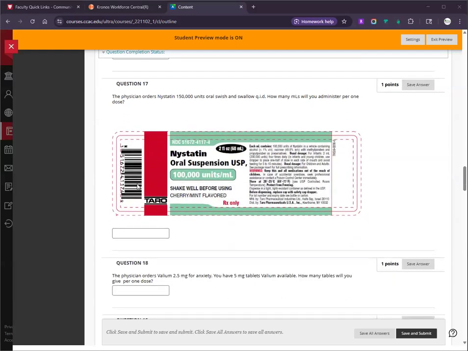All right, so here's another one that's just telling you, it gives you the units per milliliter on the label. It's telling you that the order is nystatin, 150,000 units. It's an oral swish, so we're putting it in the mouth and we're swishing. And then it's correctly saying QID, so that's 4 times a day. So we want to know how many milliliters are we swishing in the mouth 4 times a day.